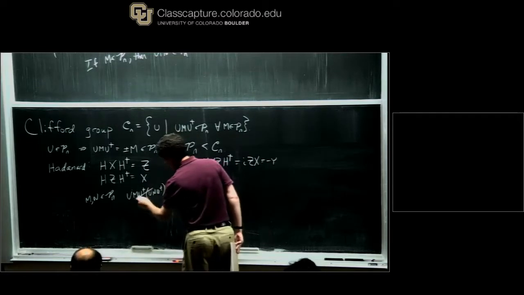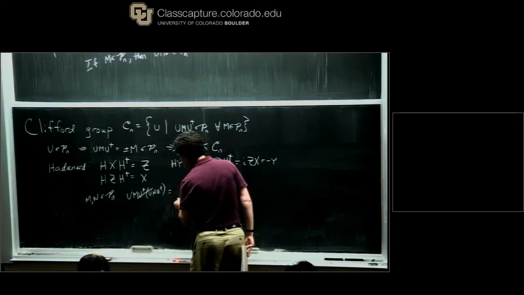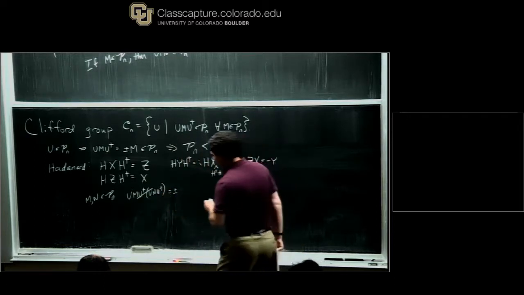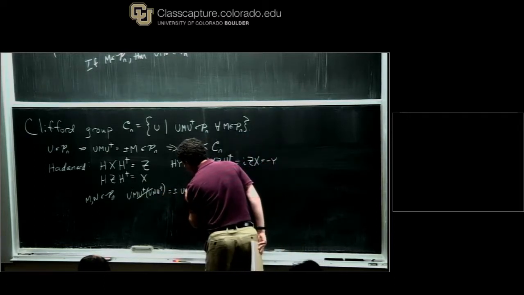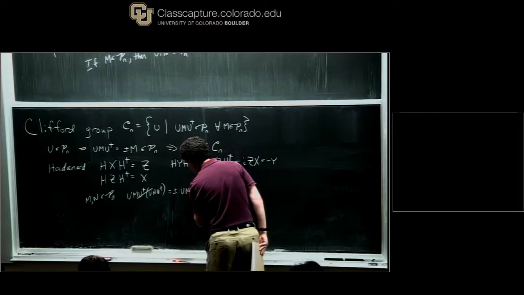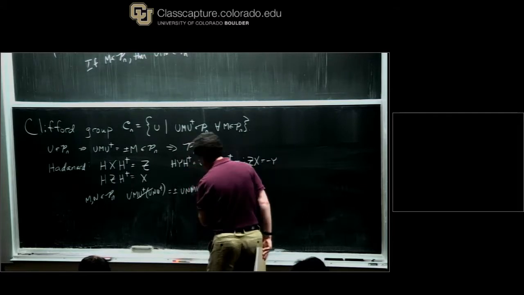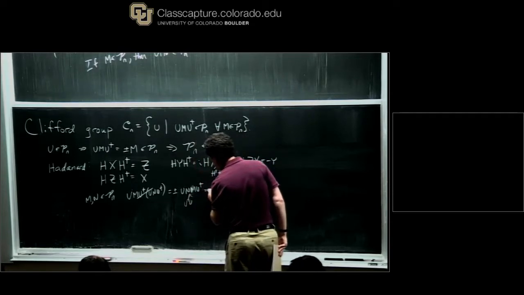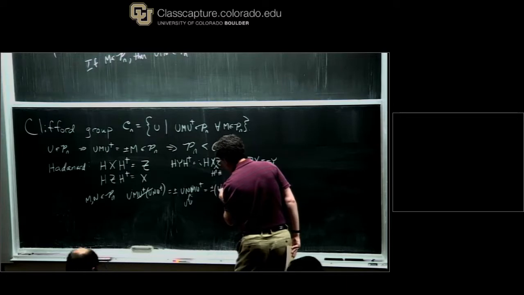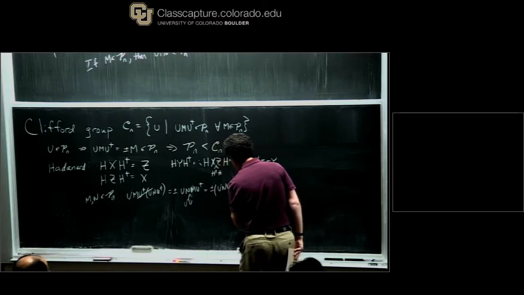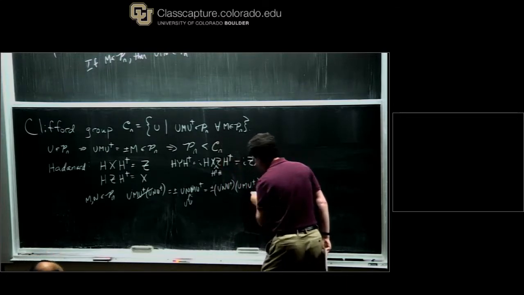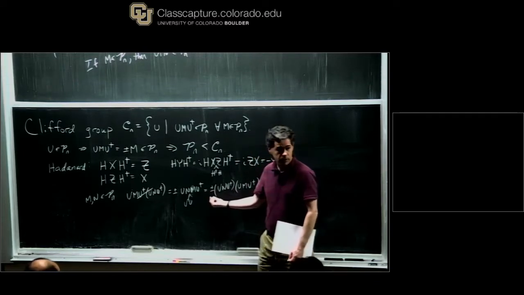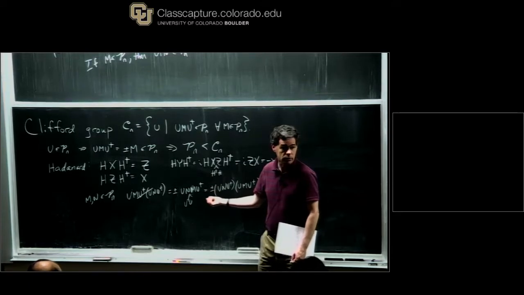Well, the U dagger U in the middle cancels, and then we get plus or minus, depending on whether M and N commute, U N M U dagger, and then we can insert the U dagger U again to get the original things. So you see that the images of M and N commute if and only if M and N commute.